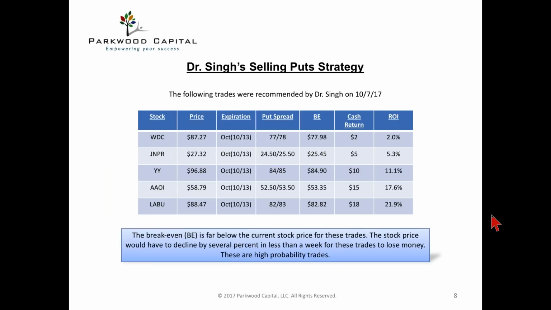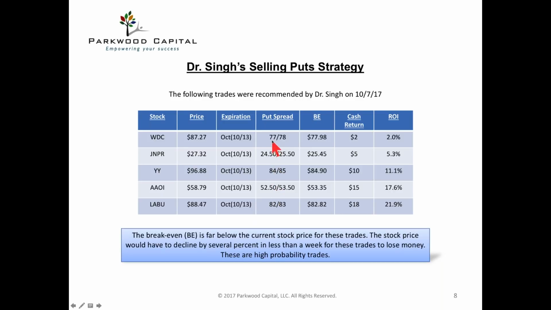Here are several put spread trades that Dr. Singh recommended on October 7th of this year, and I've put them in this table. On the far left, I have the stock ticker symbols, what the price was at that time, and the expiration. They're all using the weekly option that expires on October 13th. This is the put spread in each case.